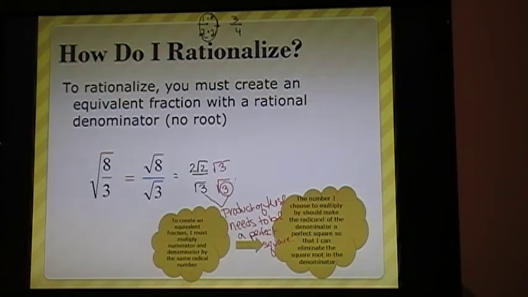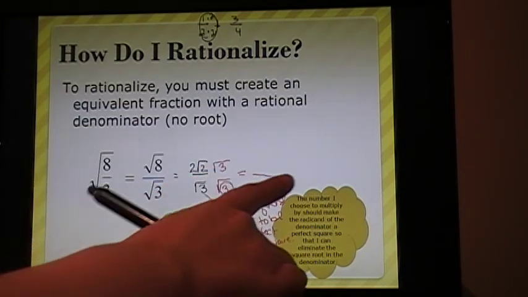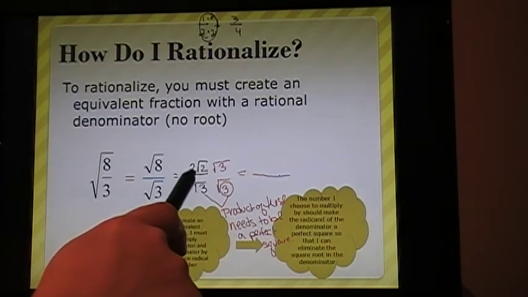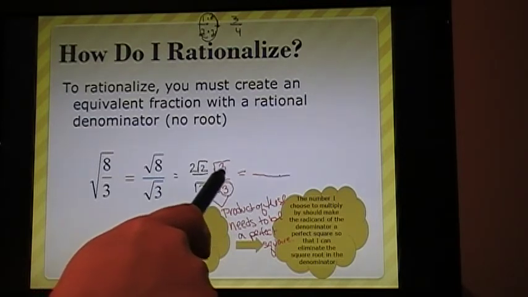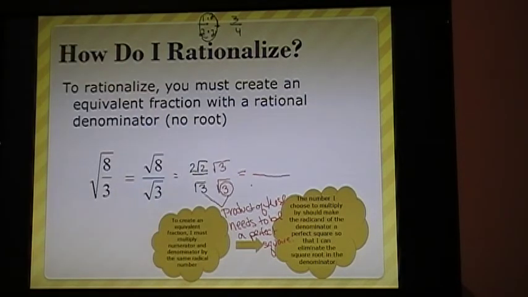multiplying 3 by itself. So after we multiply, to write our equivalent fraction, we've got 2, and then multiplying the radicands, 2 times 3 is 6. So this will be 2 root 6 all over the square root of 9.